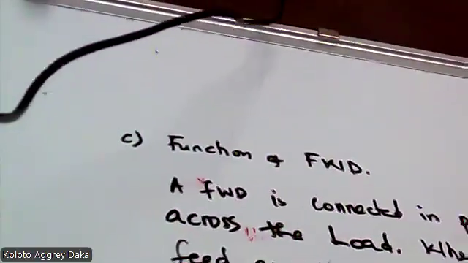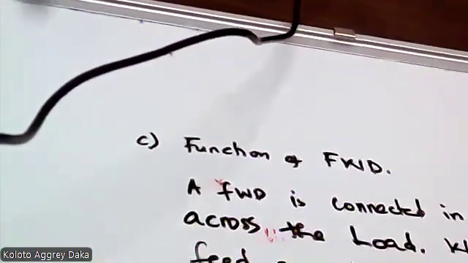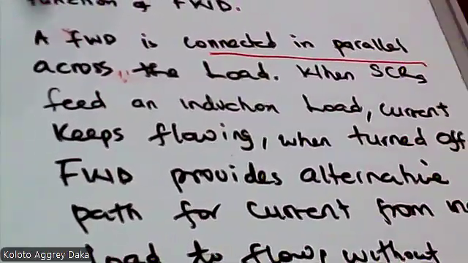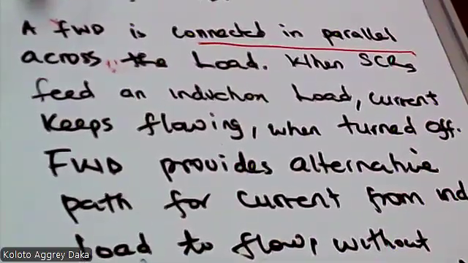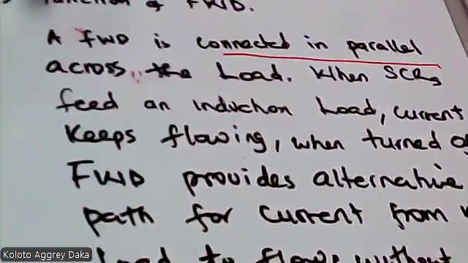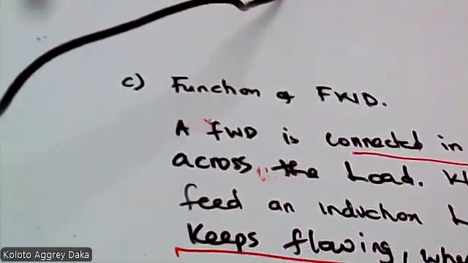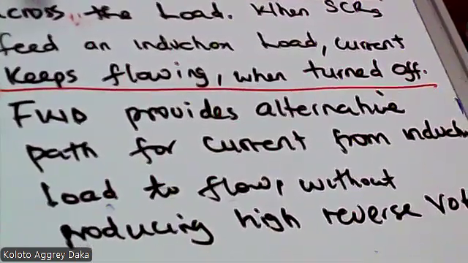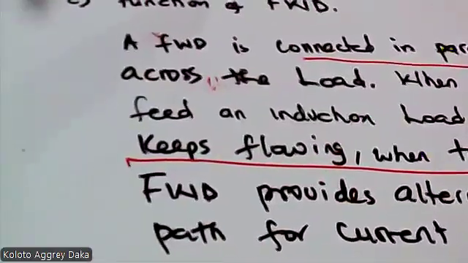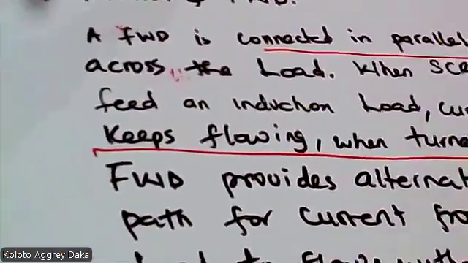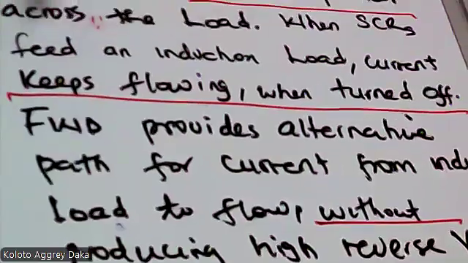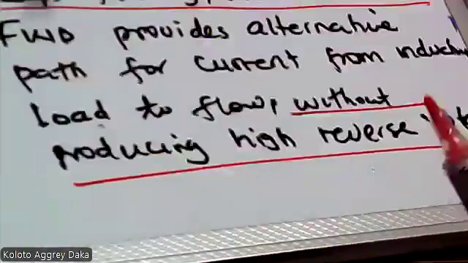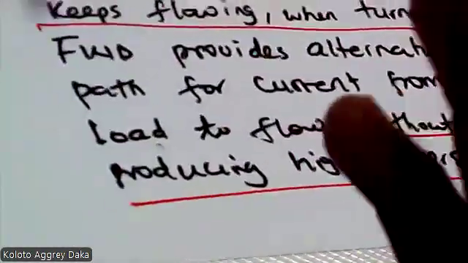So three things. Number one, where it is connected. Where is it connected? In parallel. Number two, it keeps the current flowing when it turns off. Why? To prevent the high reverse voltage. So all we are avoiding here, remember this is a rectifier.